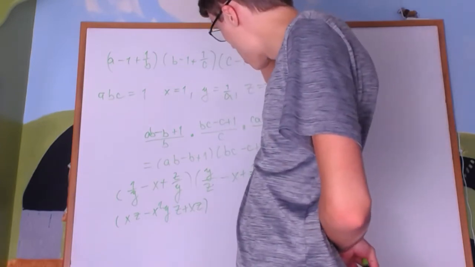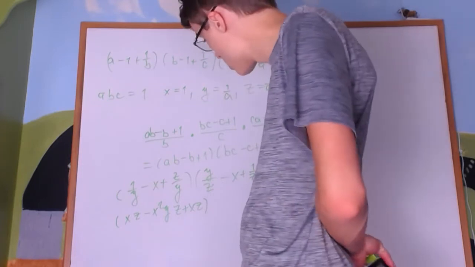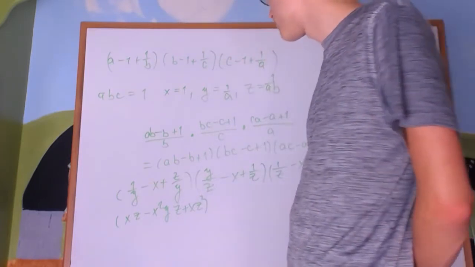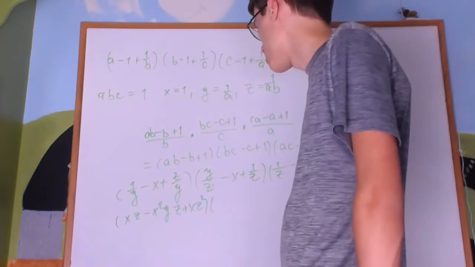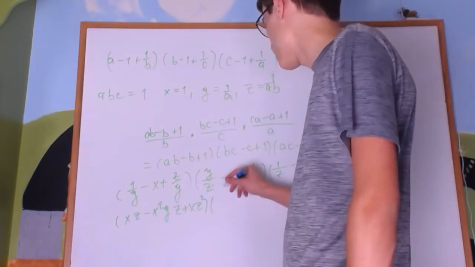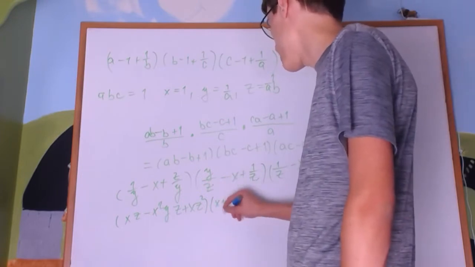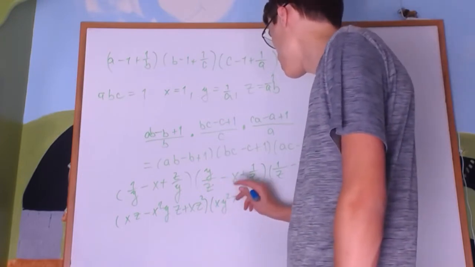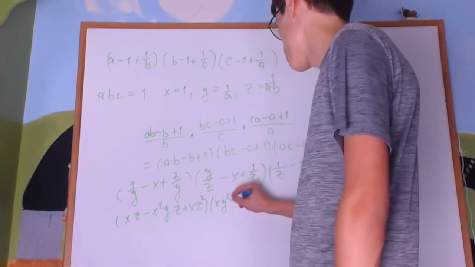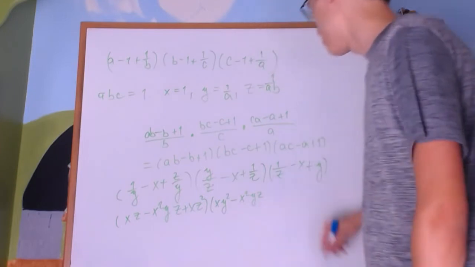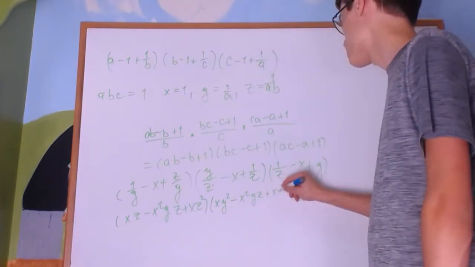Wait a minute. xyz, xz squared. Alright. Y. xy squared z minus x squared yz plus xy.